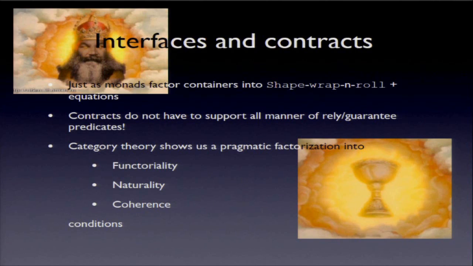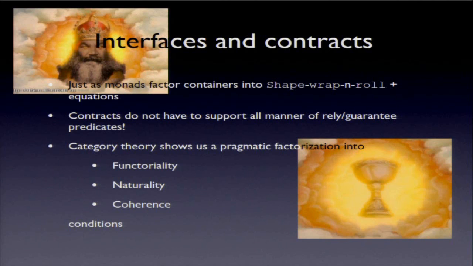So let me leave you with one final thought about this holy grail of design by contracts. And I want to say that of course, it's a good idea. So just as monads factor containers into shape, wrap, and roll, plus some equations, contracts do not have to support all manner of rely guarantee predicates.